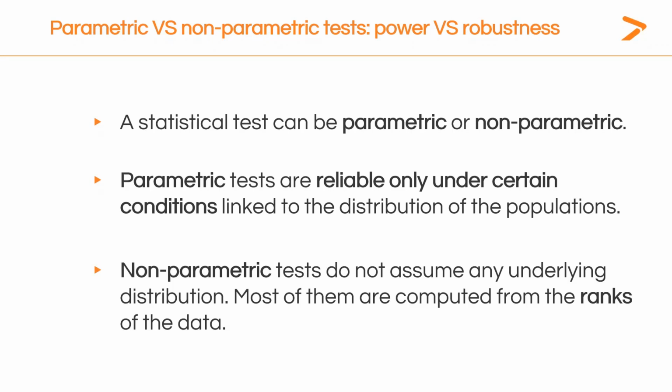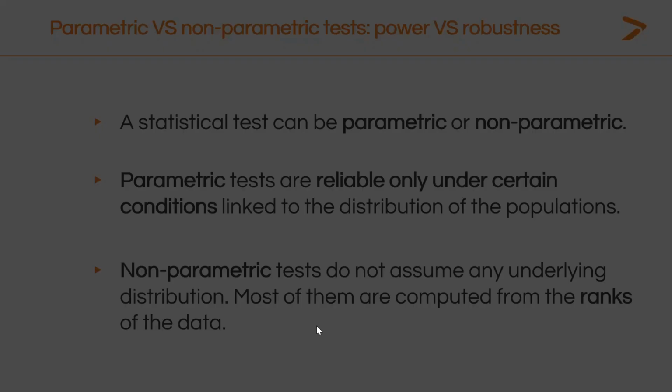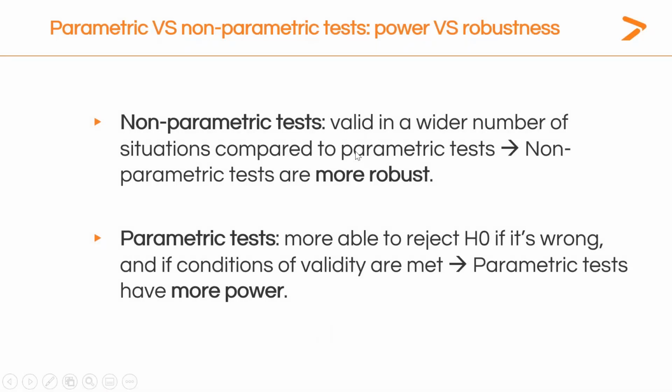So the question we may ask: why do we still run parametric tests and still try to check the validity assumptions? Why don't we just run non-parametric tests, which don't impose this constraint? Non-parametric tests, as I told you, are valid in a wider number of situations, so we say that they are more robust.